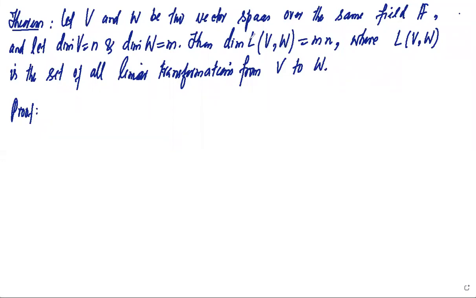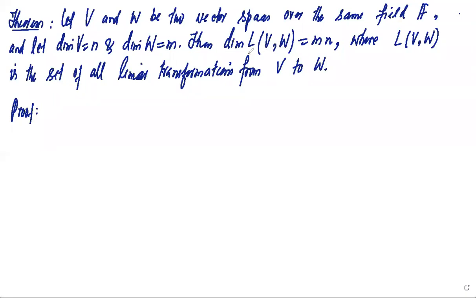And once we can find such a linearly independent subset whose cardinality is equal to m into n and spans the whole L(V, W), it means that linearly independent subset would form the basis of this L(V, W). And we know that the cardinality of the basis is defined to be the dimension of this vector space.